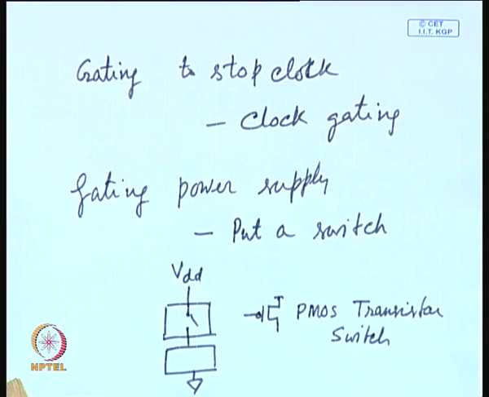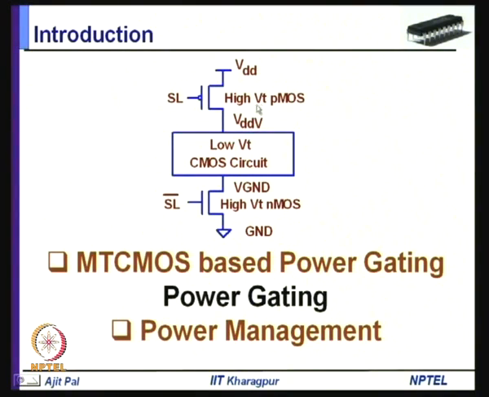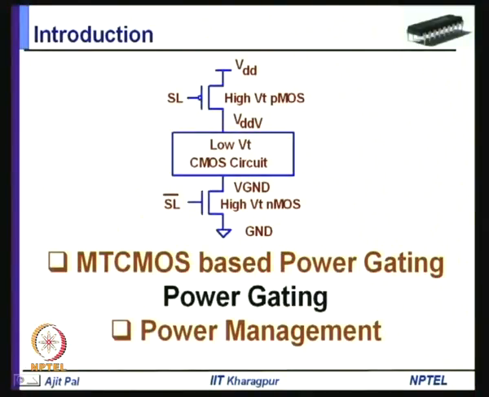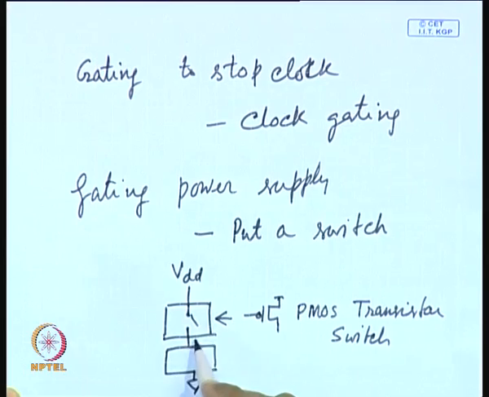You may be asking, why do we put a high VT PMOS transistor? The reason is, as we know, our main intention is to reduce leakage power. The dynamic power can be reduced by using clock gating, but here we are interested in reducing leakage power, and obviously leakage power can be reduced only when the threshold voltage of the transistor is high, and that is the reason why the transistor used in realizing this switch is a PMOS transistor having high VT.